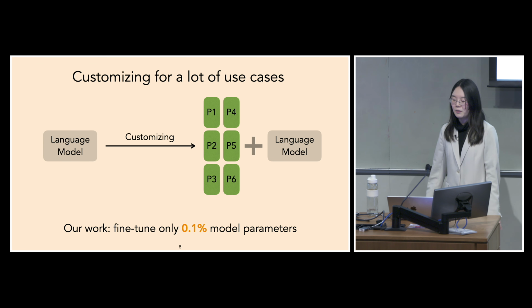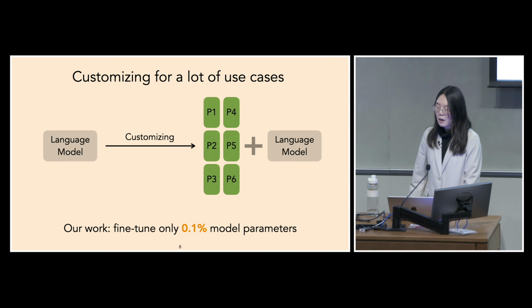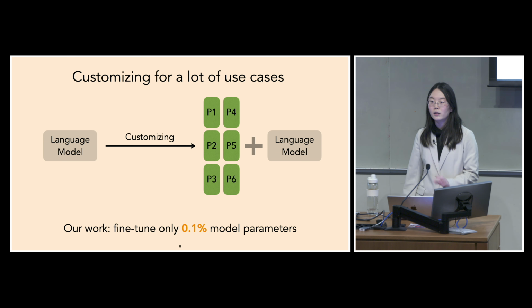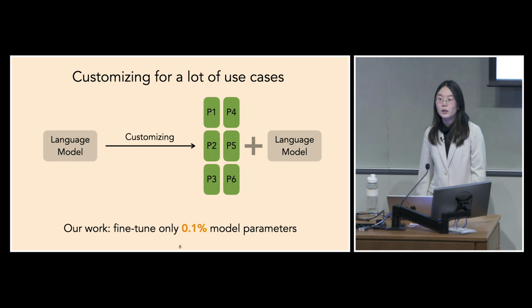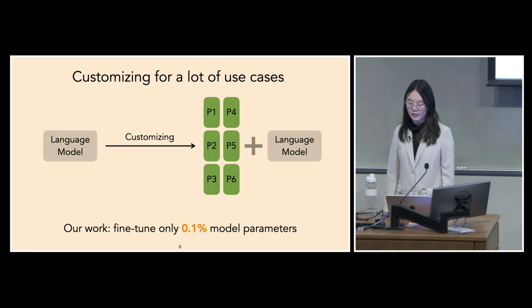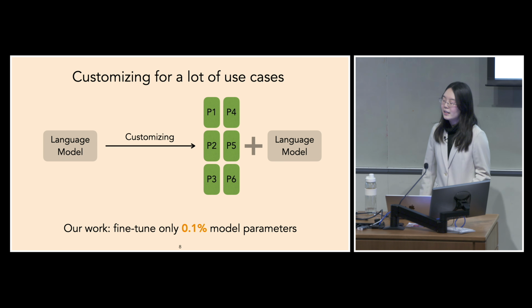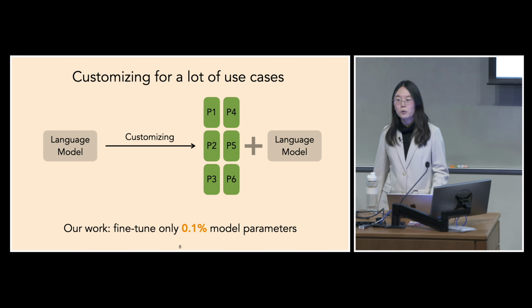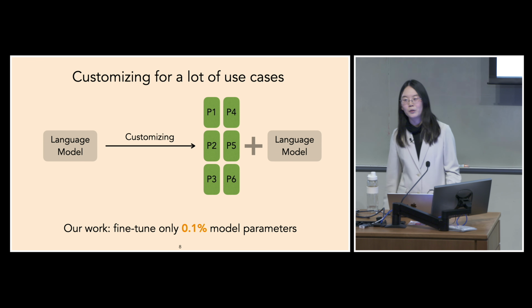I have advanced the methodology of fine-tuning by proposing a very parameter-efficient way of adapting language models, allowing people to achieve 1,000 times improvement in terms of parameter efficiency, and thereby democratizing the customization of language models so that people with fewer resources could also adapt their own models.